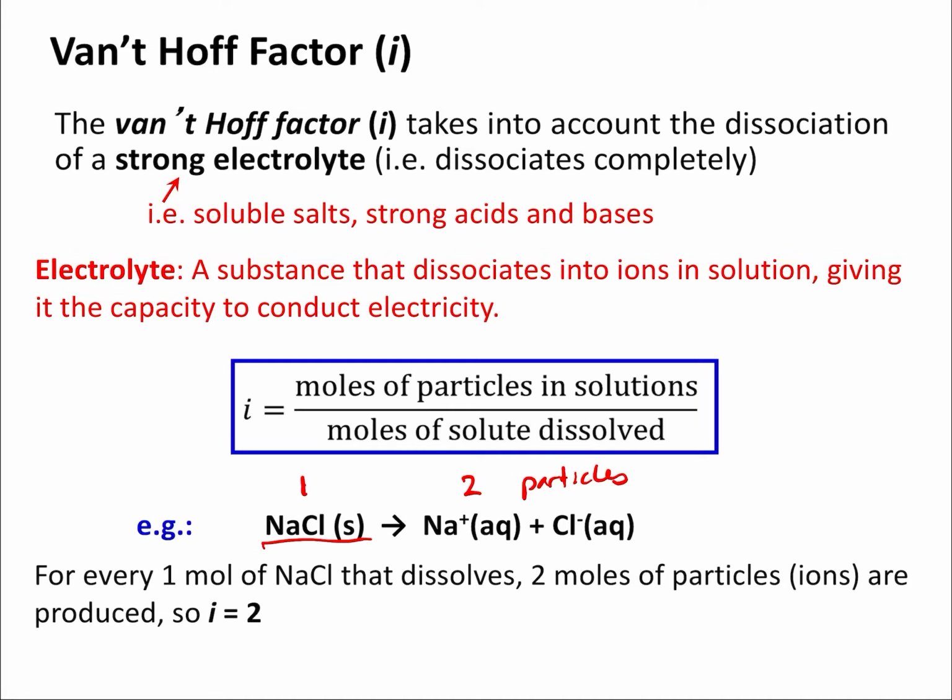So if one formula unit gives you 2 particles, we would say i equals 2. Right? So if you had something like calcium nitrate, that would break into 3 particles, which is calcium 2 plus and 2 NO3 minus. So we would say that its Van 't Hoff factor i is 3. So we have to use the Van 't Hoff factor when we are using things that dissolve in water and dissociate.